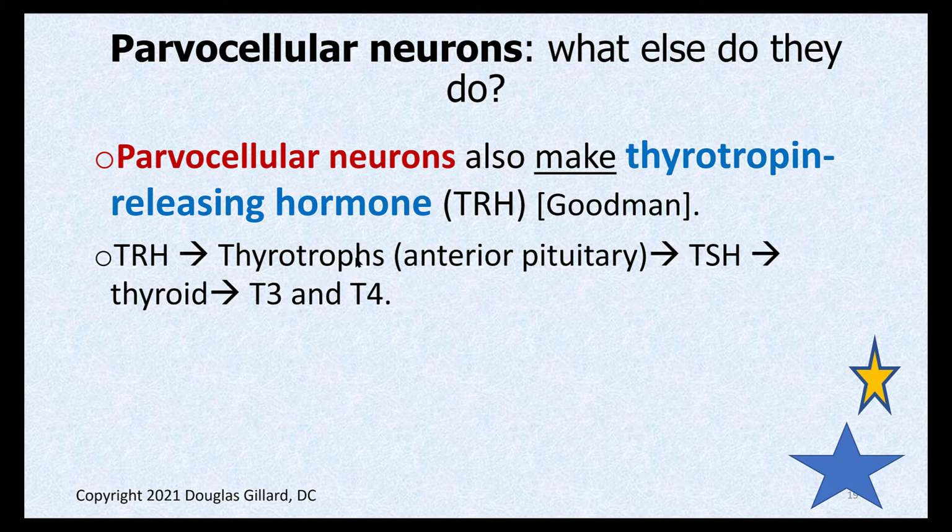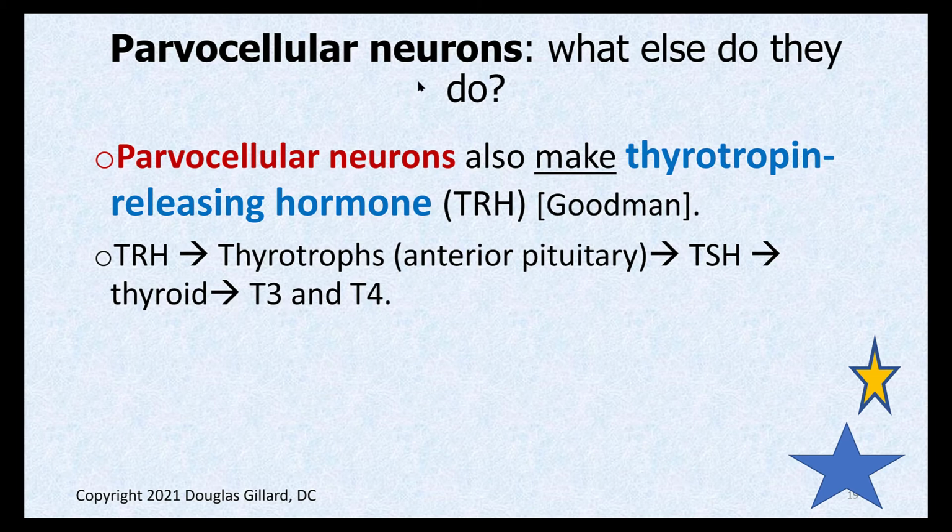Thyrotropes aren't as numerous as corticotrophs. There's way more corticotrophs than these thyrotropes. Thyrotropes then make thyroid-stimulating hormone, which goes down to the thyroid and binds to those colloid cells. And in a fairly complicated mechanism with iodine, it creates the thyroid hormones, T3 and T4.